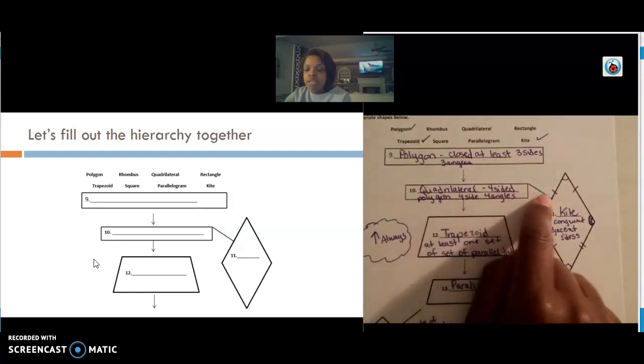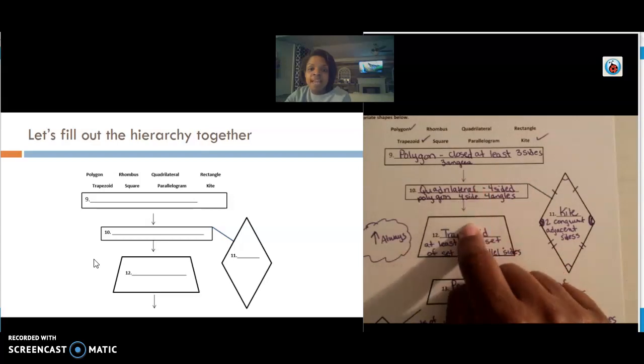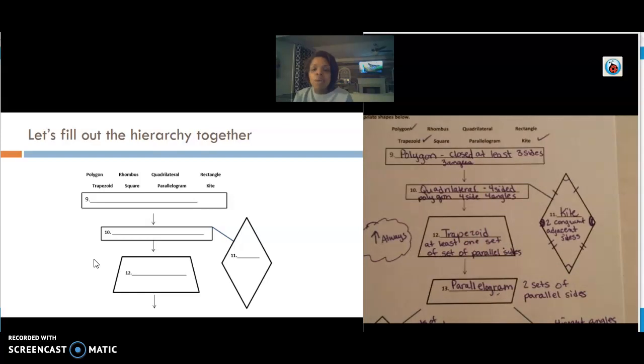All right, so let's go back over to quadrilateral. A different type of quadrilateral would be a trapezoid. A trapezoid has at least 1 set of parallel sides. Now, I want to caution you, don't think, oh, she already talked about this, I'm going to fast forward this. You really need to pay attention to this because this is where it gets tricky. You're going to have to know that a trapezoid is a quadrilateral and a trapezoid is a polygon.